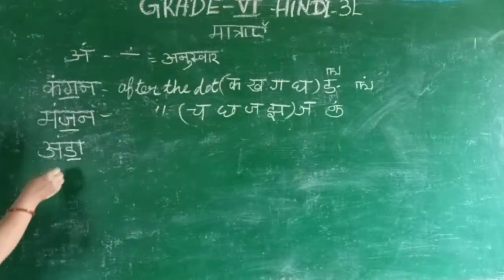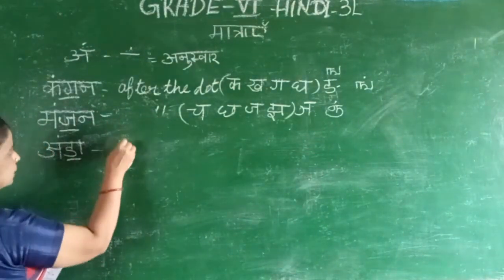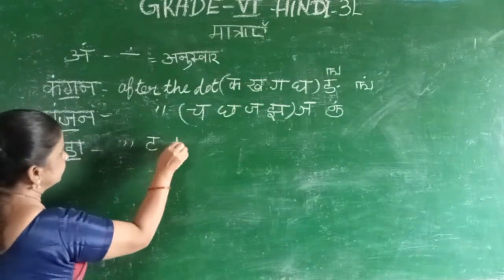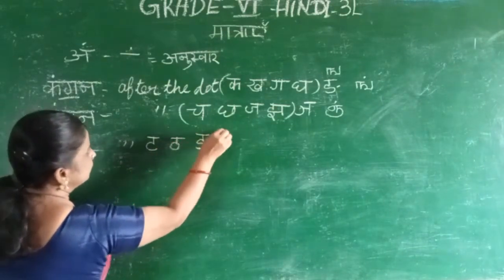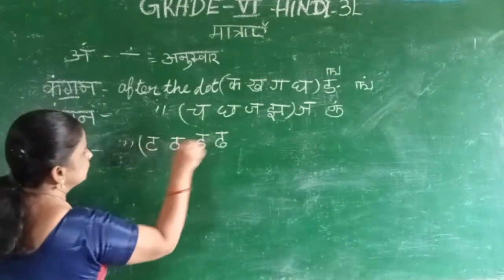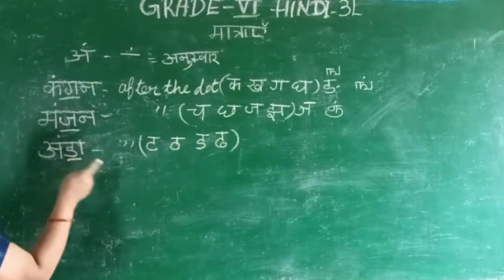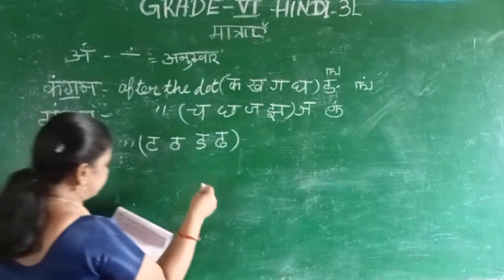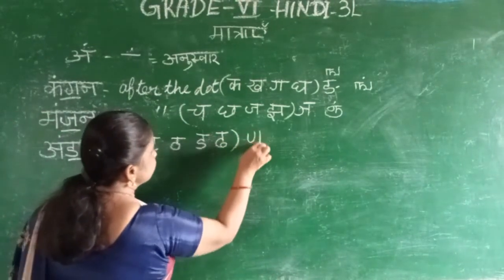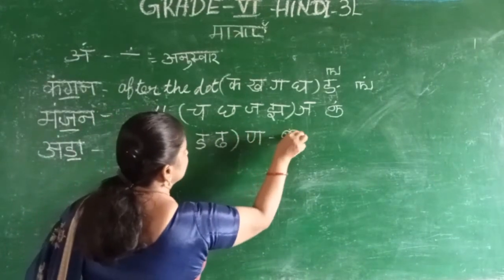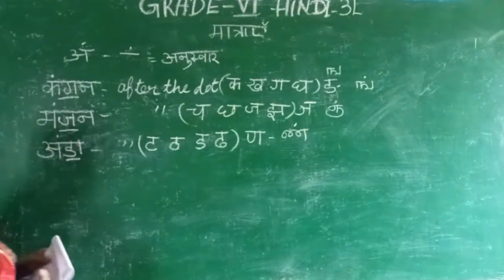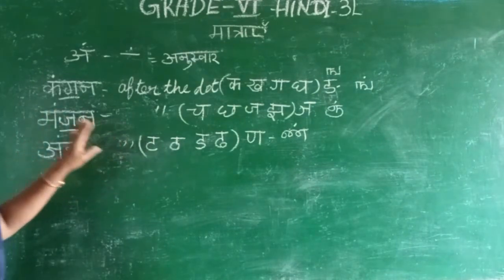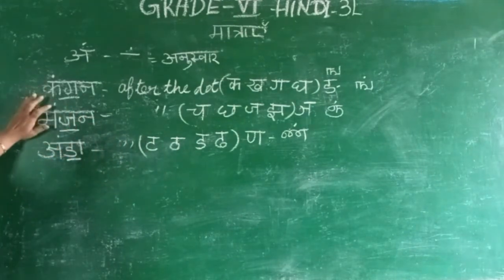And next one, ta varga, that is also after the dot. You know that ta, tha, da, dha. You know that. So after the dot, if the letter printed is in ta varga, the sound should be, you know, this in. So the sound is in, but only for dotted sound letters.